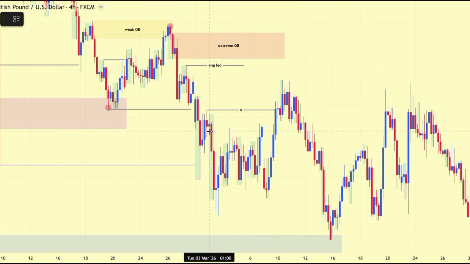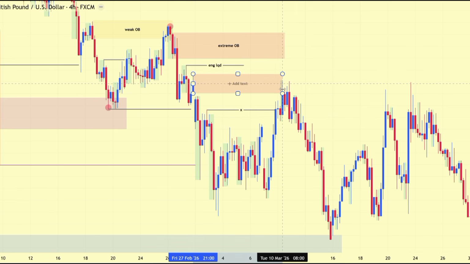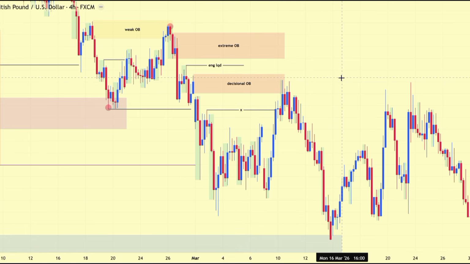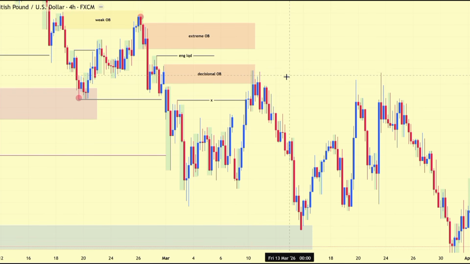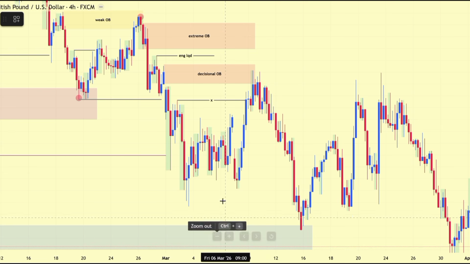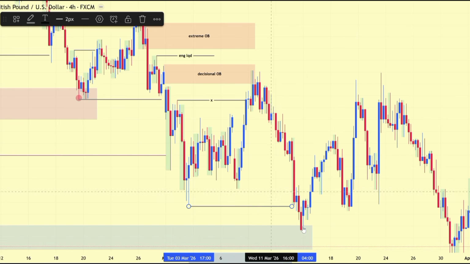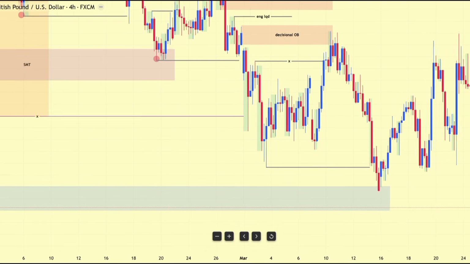And the order block that caused the break of structure is none other than this one, and that is what we call the decisional bearish order block. After price has mitigated that, it gave that move all the way towards this break, and ultimately towards the mitigation of our extreme order block.